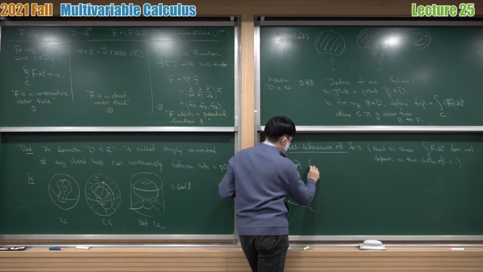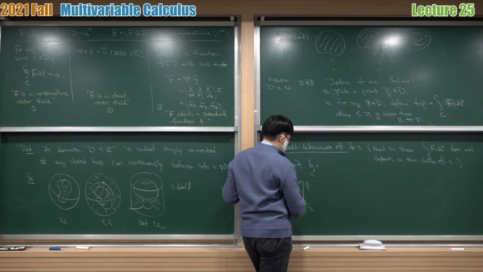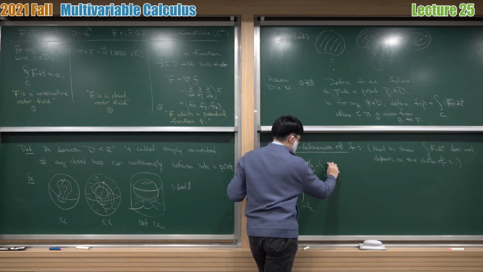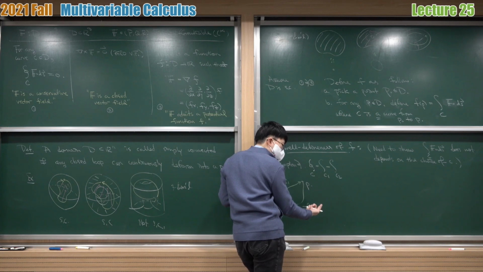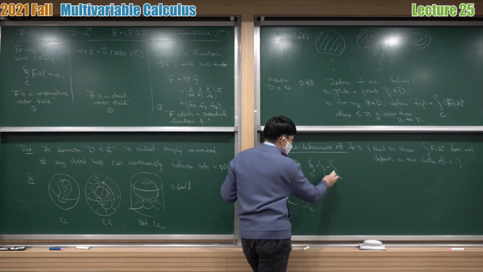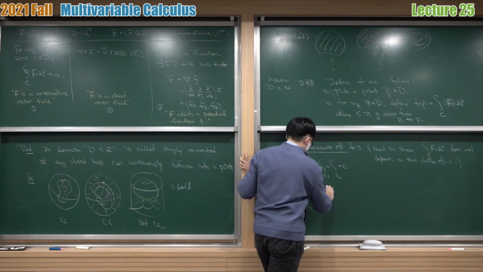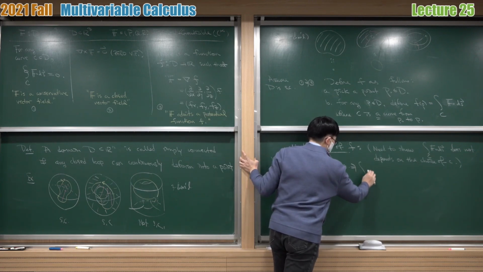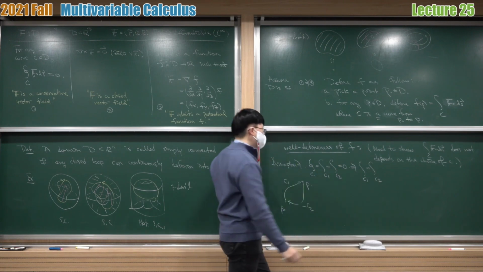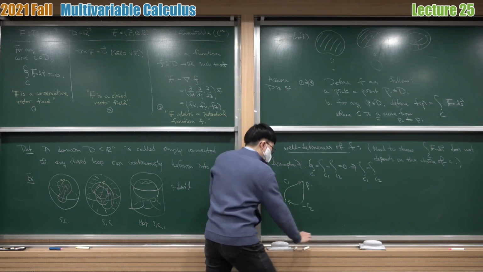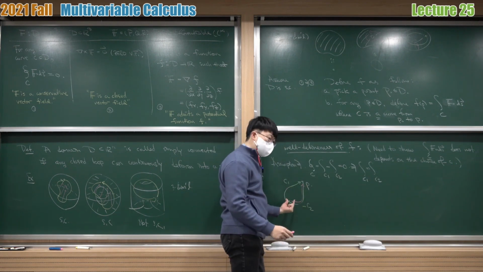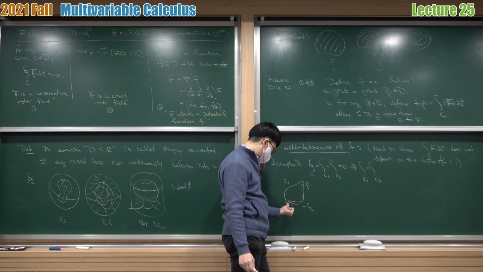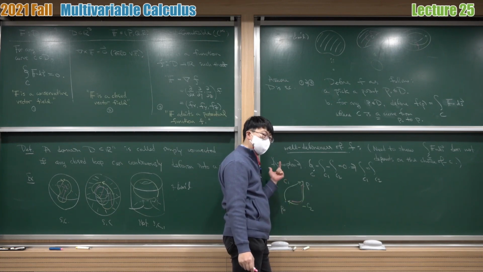So the assumption implies that the entire curve line integration, which is C1 minus C2, is 0. So P0 to P along the C2 curve is in the C2 direction; I'm just calling it C2 here. That means the C1 integration and the C2 integration are always the same. So it doesn't matter which path I choose. It only matters what the starting and end points are. So that's what the assumption says.